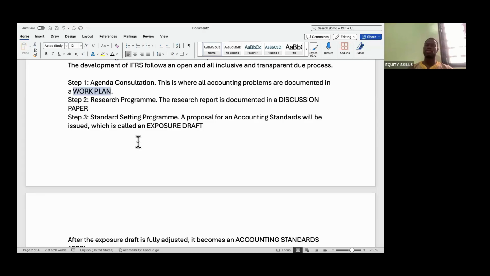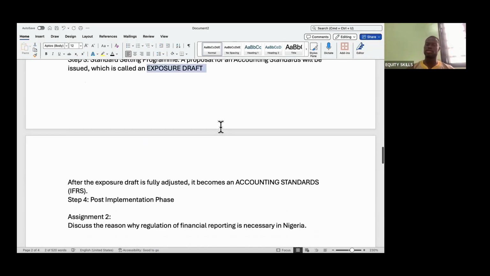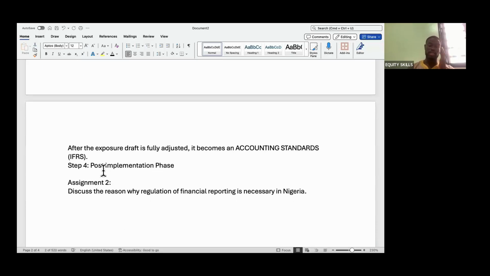And they go on to the standard-setting program, where it starts with a proposal for an accounting standard, which is documented in an exposure draft that's sent out to the public. It is this exposure draft that eventually becomes an IFRS. They also engage in a post-implementation phase, where they review the applicability of this standard and the ease with which the public adopts and applies the standard that has been issued.